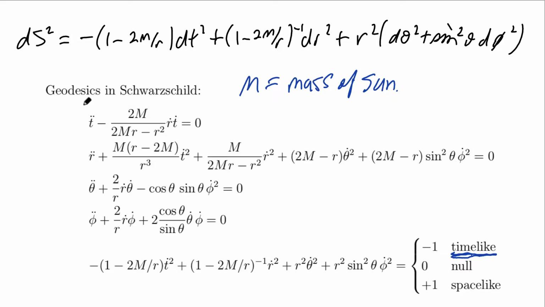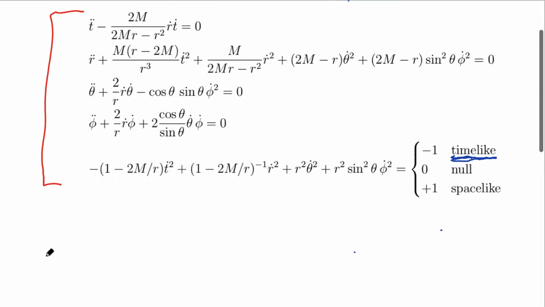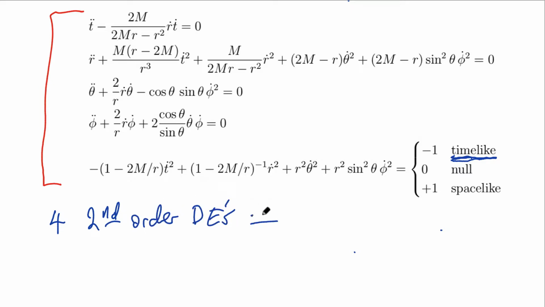Now we could try to solve these equations directly. We would probably have to do it numerically, but either analytically or numerically, what do we have? We have these equations, the geodesic equations themselves, are a set of 4 second-order differential equations. So that means we're going to have 8 integration constants.